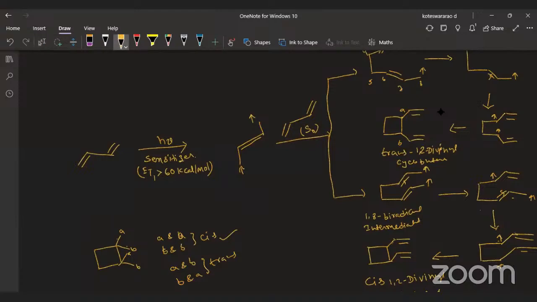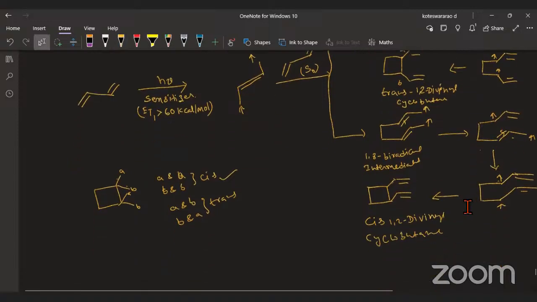Both are on opposite faces of the plane. A is above the plane, B is below the plane, both opposite to each other. Now that becomes trans. Therefore, the cis-trans isomers are generated in this way.